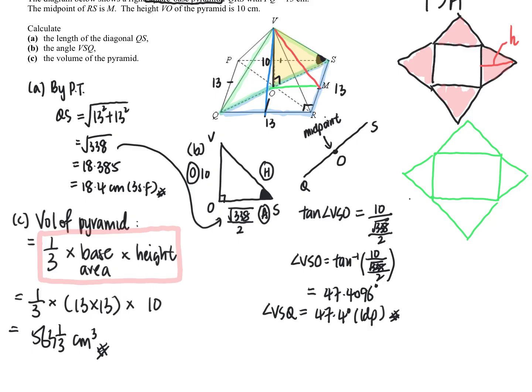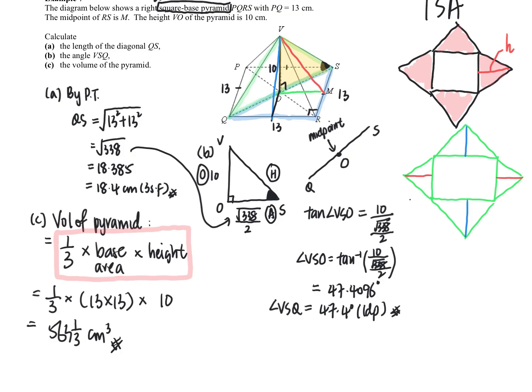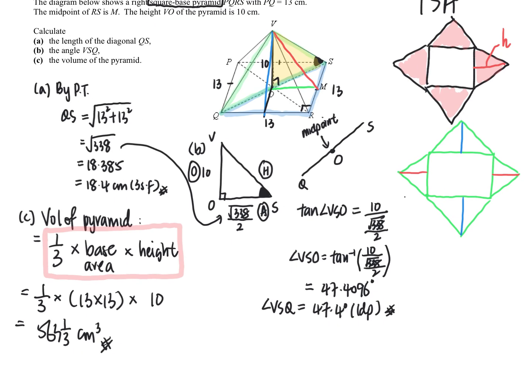If it's a rectangular base, these 2 and these 2 triangles at the opposite sides are the same, so you have to find it this way. I'm just recapping. This is sec 1 or sec 2 work, but now you are finding height, finding angle and so on.